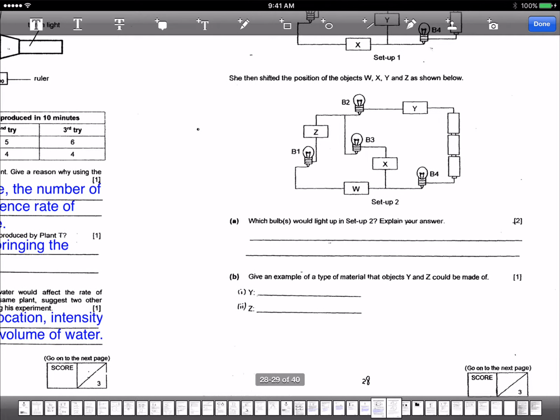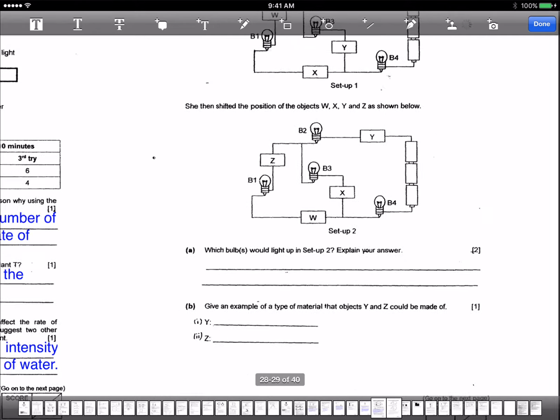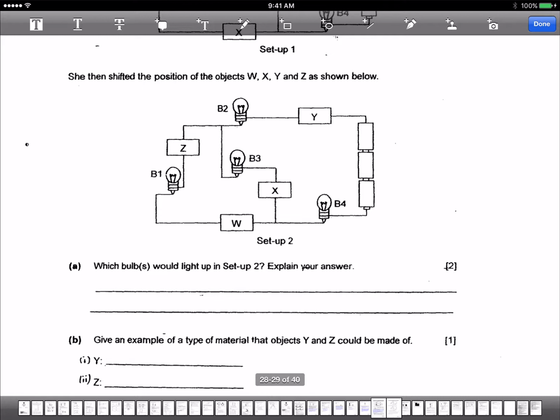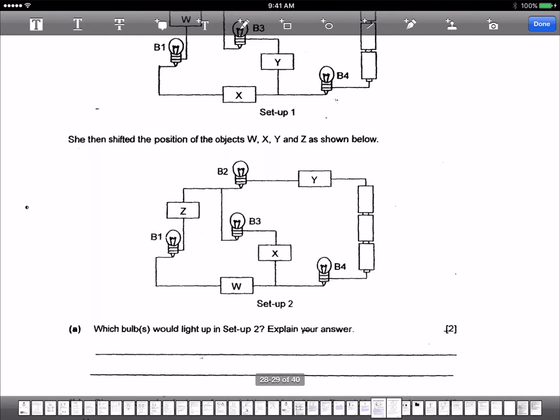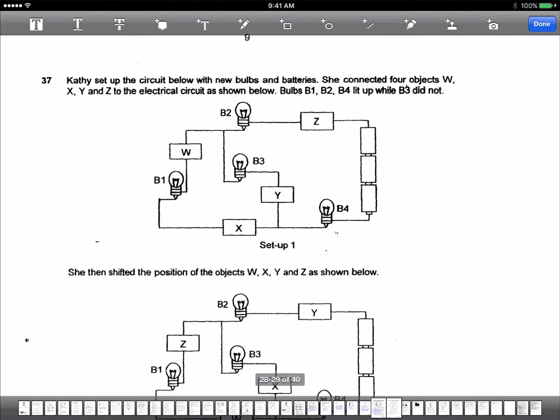Okay, next one, electricity. Which bulb will light up in setup 2? Setup 2 is the one below. W, X, Y, Z. Katie set up the circuit with new bulbs and a battery.